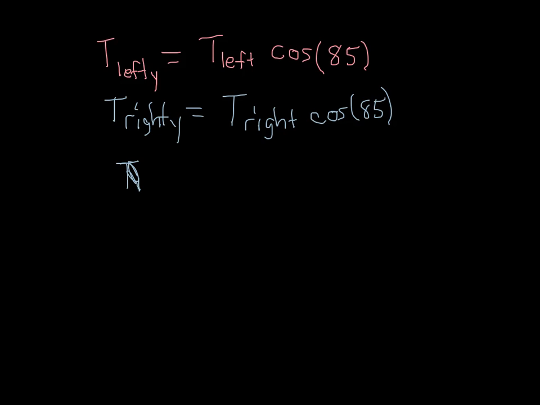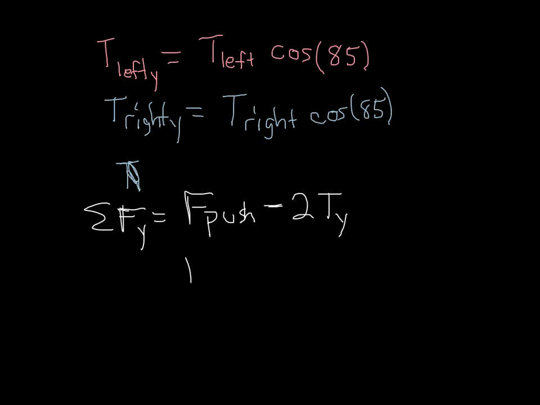So our sum of forces in the y direction is the F pull, or F push I think we called it, which is going up, minus 2 times the tensions that we have in the y direction, which we just figured out. F push minus 2 times T cosine of 85.